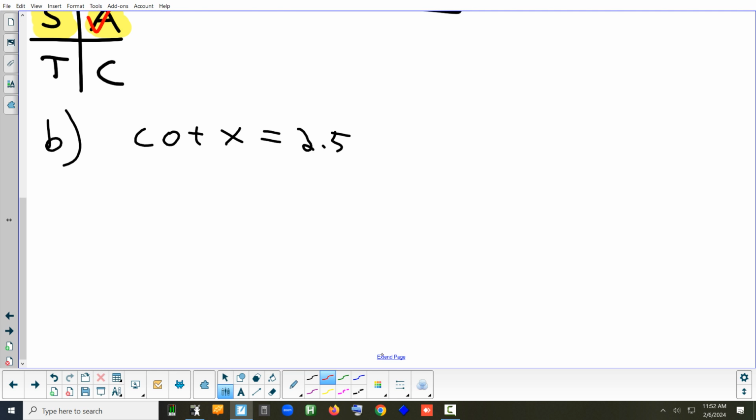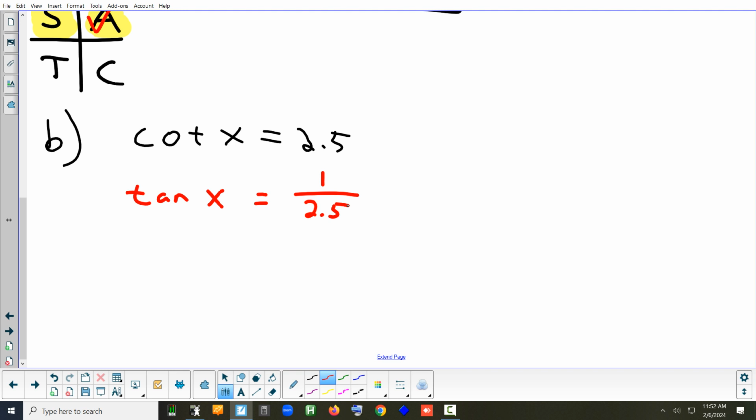Nope, sine is connected with cosecant. Oh, tangent. Tangent, yes. So if the cotangent is 2.5, what's the tangent? 1 over 2.5.